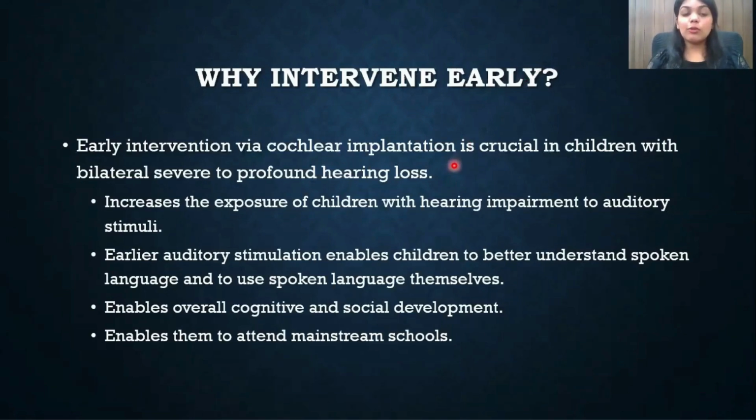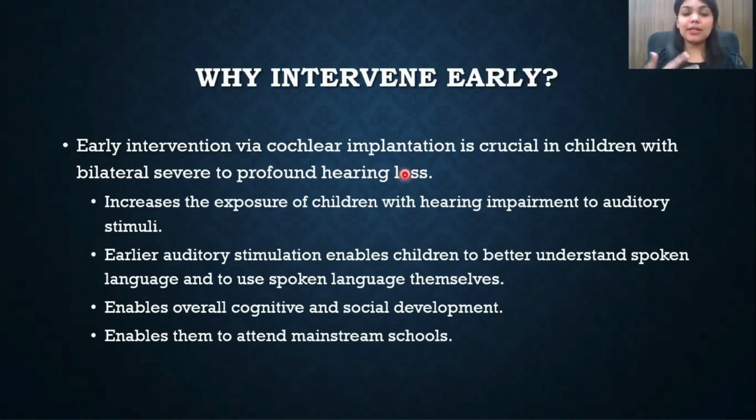So now let's see what is the importance of early intervention. Why do we say we should provide early intervention using a cochlear implantation in children who have severe to profound hearing loss? So providing intervention via a cochlear implantation in a child who is born with severe to profound deafness will increase the exposure of the child to auditory stimuli. So this early exposure to auditory stimulation will enable the child to better understand language and to develop language.